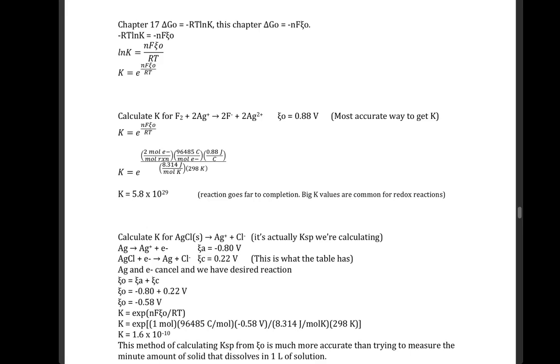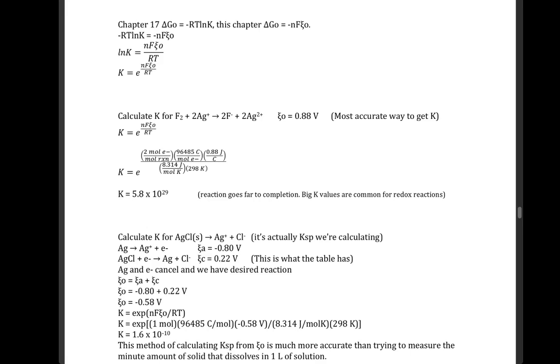So we take our new equation for K equals e to the nFE naught over RT, put in all of our terms, n being 2 moles of electrons per mole of reaction, F being 96485 coulombs per mole of electrons, the potential being 0.88 volts or 0.88 joules per coulomb, dividing by R, 8.314 joules per mole Kelvin, dividing by the temperature, assume 298 Kelvin, that is 25 degrees unless the problem says otherwise.